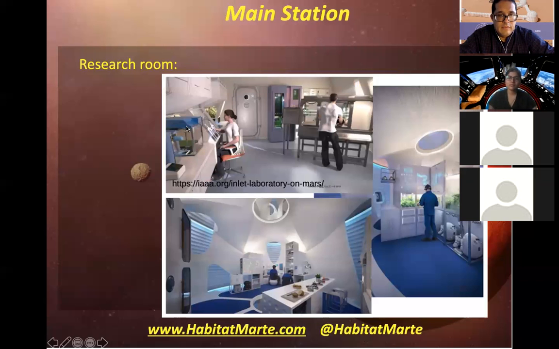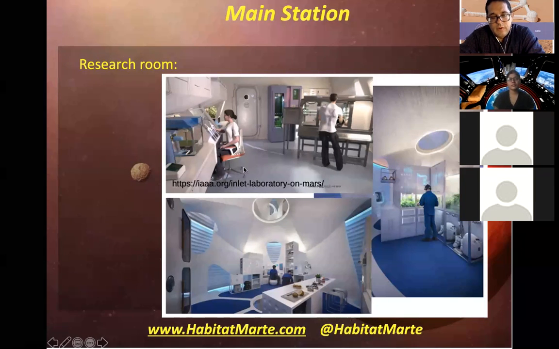It's also important to consider the operation of a research room. The research room collaborates with the engineering center doing some analysis, sometimes of the soil sample, the regolith, sometimes of biological samples from the astronauts, and it also collaborates with the health center.